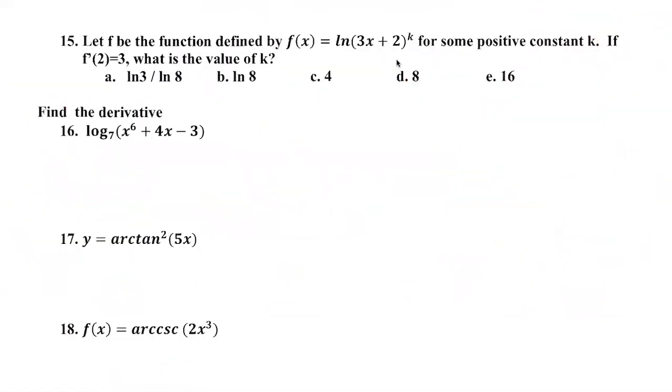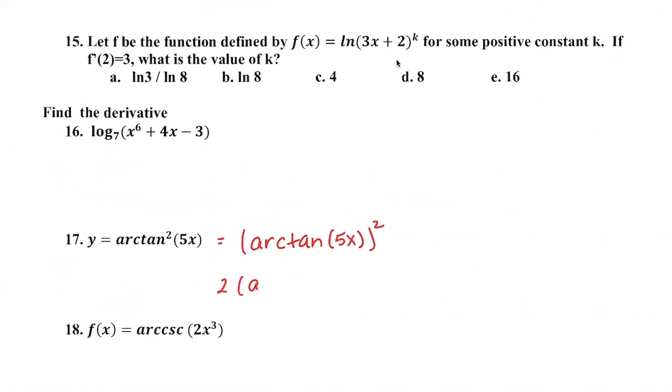Okay, so think of this and rewrite it as arc tangent of 5x, to the 2nd. So you have to do chain rule. Chain rule says I'm going to move the 2 out front. I'm going to leave the inside exactly the same, subtract 1 from my exponent, times the derivative of the inside. So what is the derivative of arc tangent?